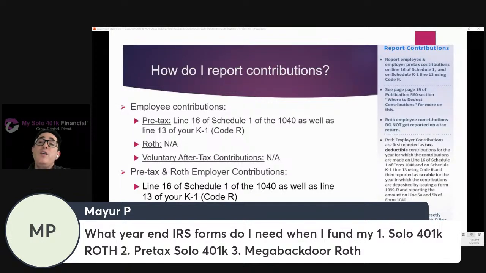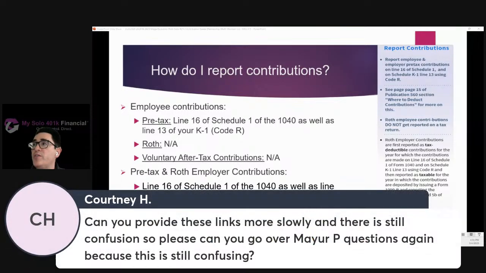So the 1099-R would not be issued until the year of the transfer. So if you transfer it in 2025, even though the contribution was for 2024, the 1099-R will be issued for 2025 by February 2026. Great question. Thank you so much.